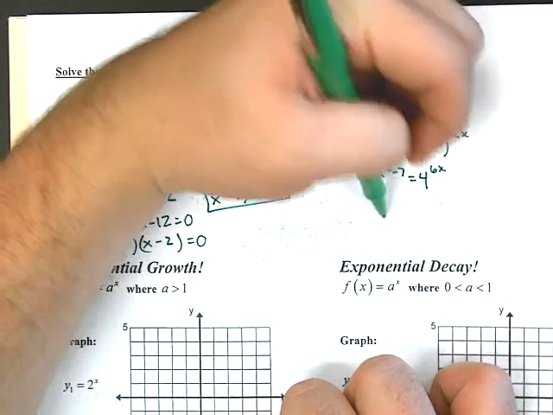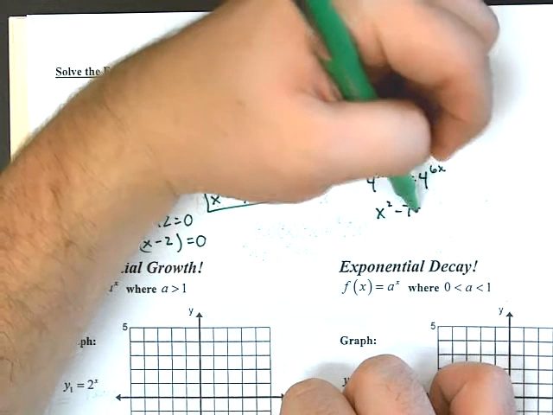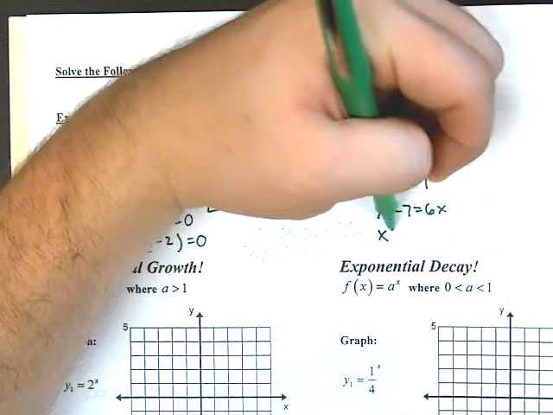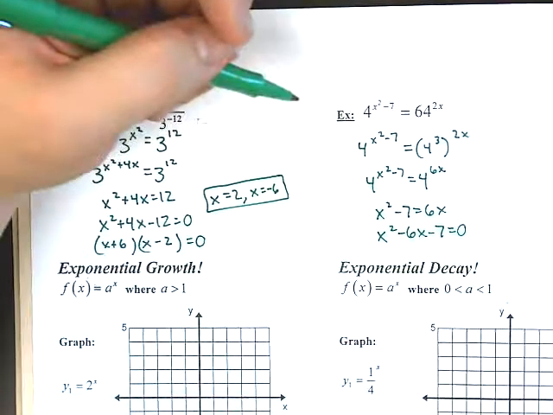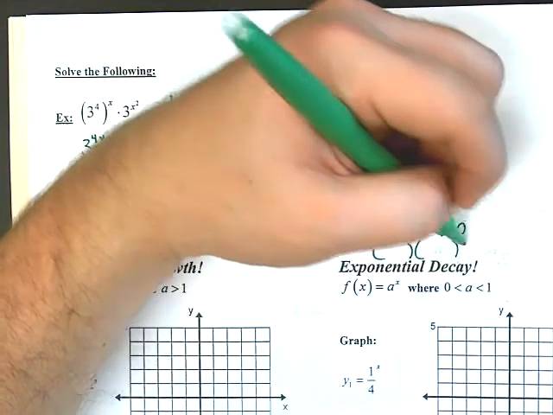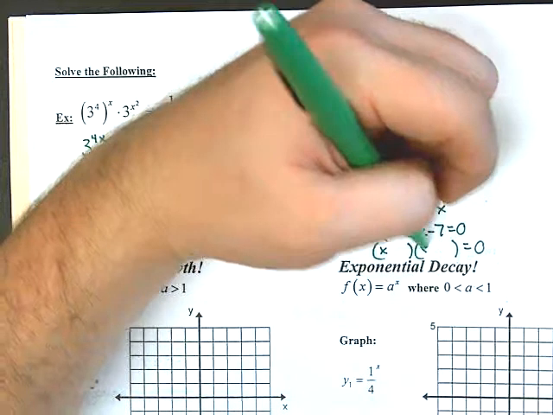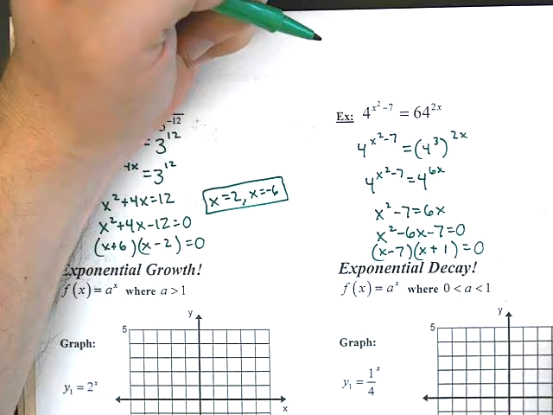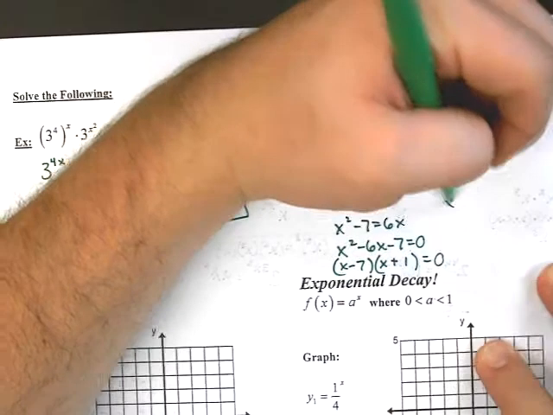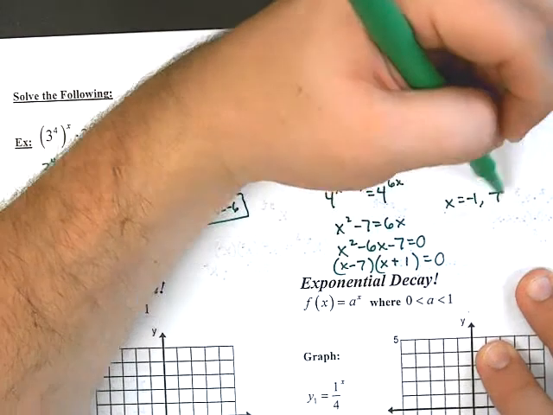Now I can set the exponents equal to each other. I can rearrange, and I can factor. Okay, boom, boom, x and x. What do we got? Negative 7, positive 1. All right, so x equals negative 1 and 7.